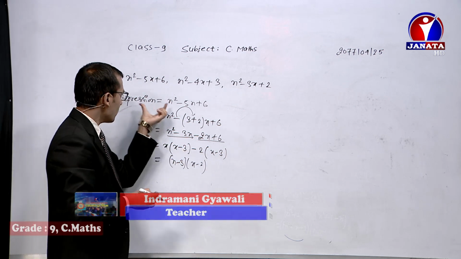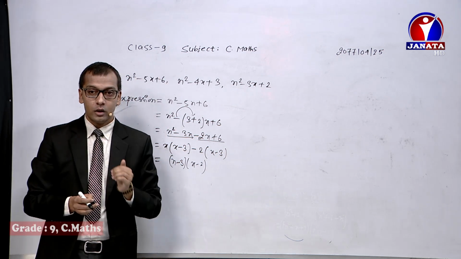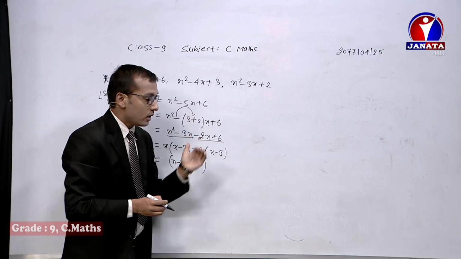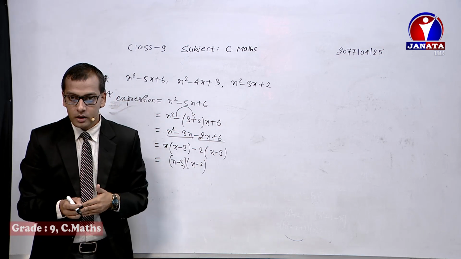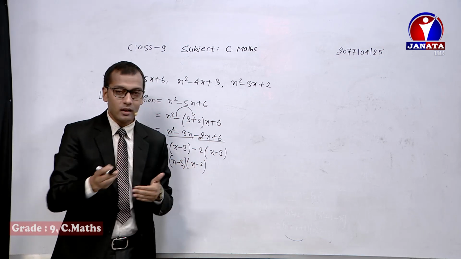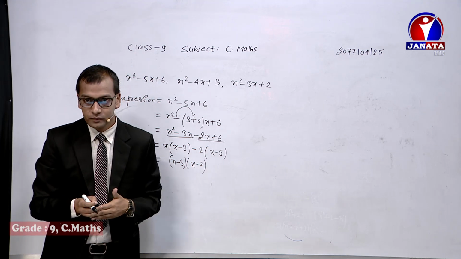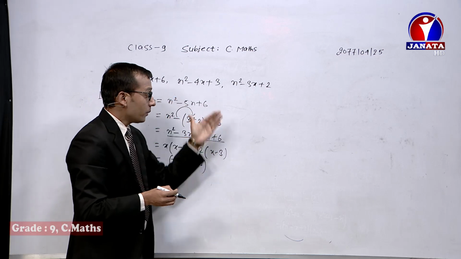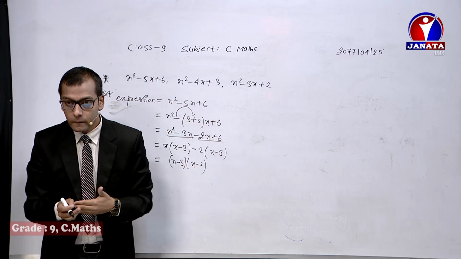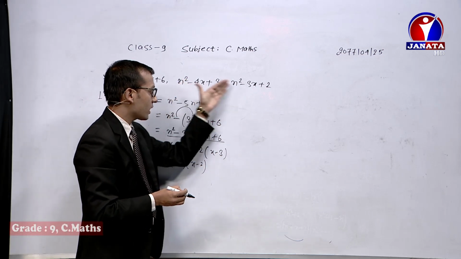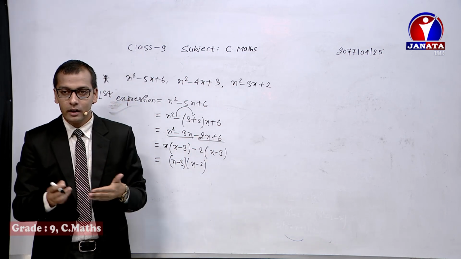Then for HCF, we can simply pick out common factors, and for LCM, we take common factors and remaining factors, and then we will find the product. So let's complete this question. This is for you. Let's factorize these two expressions and find HCF and LCM.